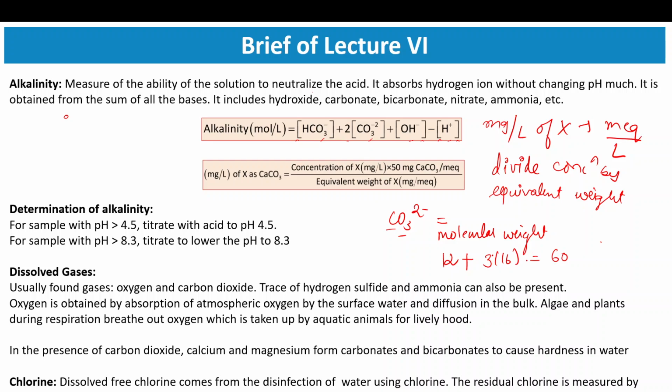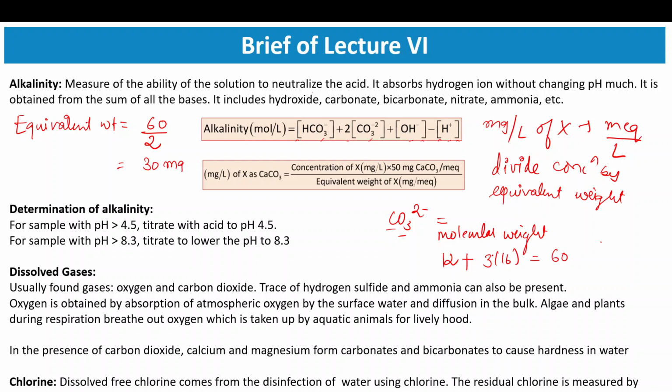Now how do you calculate equivalent weight? Molecular weight divided by valency. Yes, you are correct. So it is 60 by 2. Here the valency is 2, right? So its equivalent weight is 30.